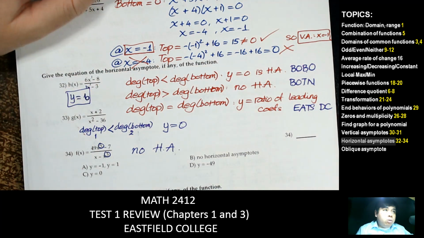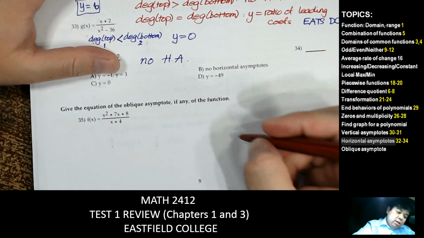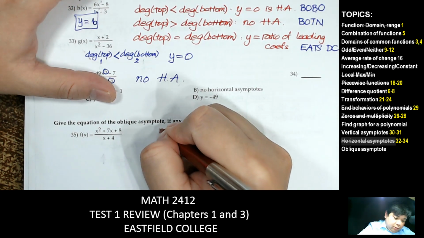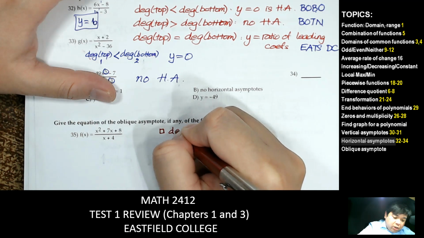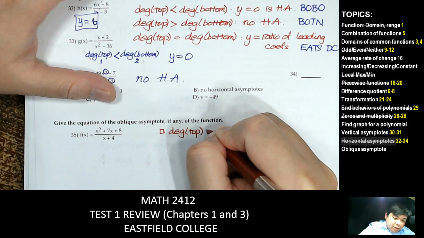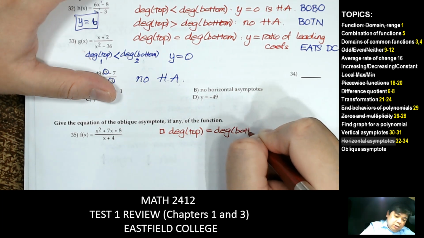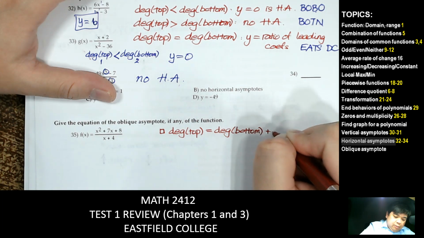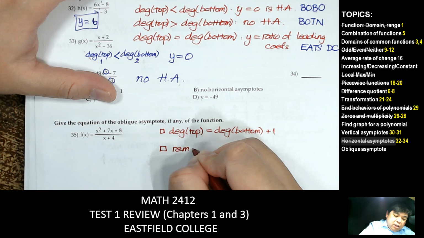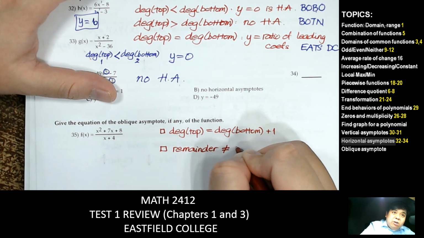For the oblique asymptote, we require two things. First, the degree on top has to be one more than the bottom. And second, the remainder must be something other than 0.